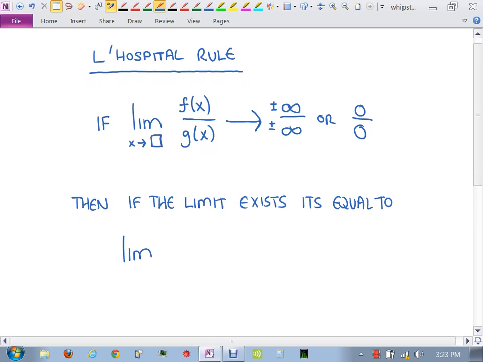The limit as x goes to 0, or x goes to something, of f prime of x over g prime of x.